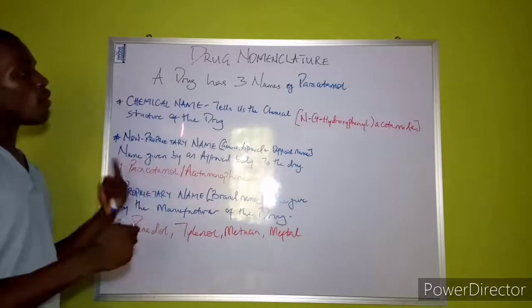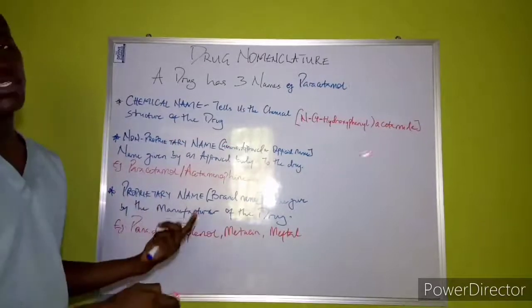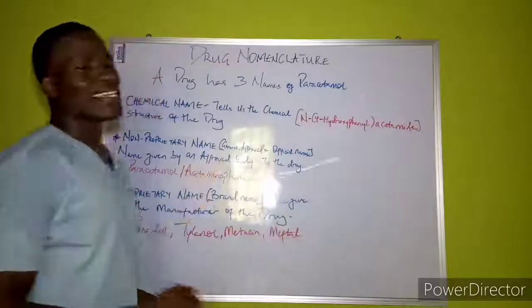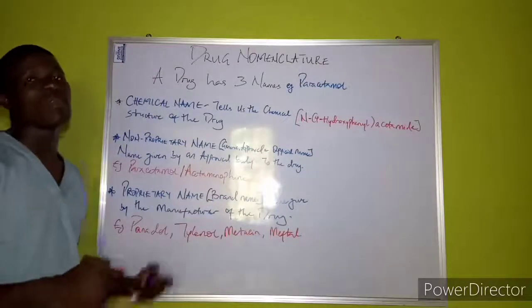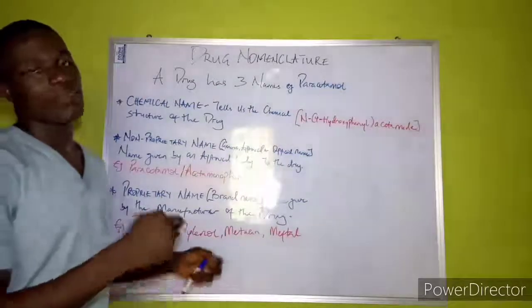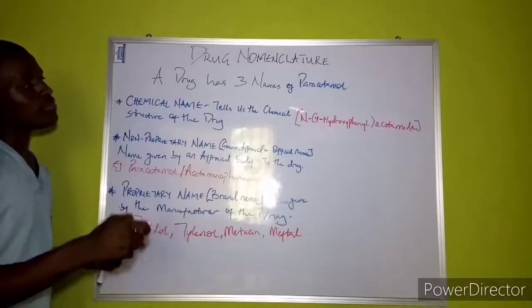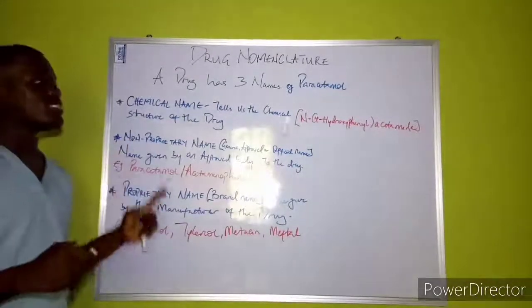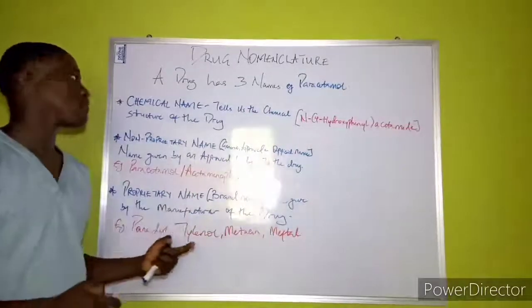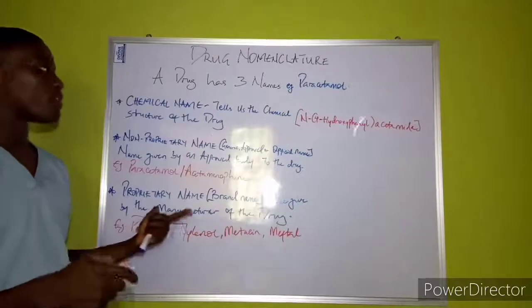It is used to draw the chemical structure of that particular drug. This name is majorly used by pharmacists or those that manufacture drugs. So in essence, the chemical name is not mainly used by doctors or nurses in clinical practice, but mainly by drug manufacturers.